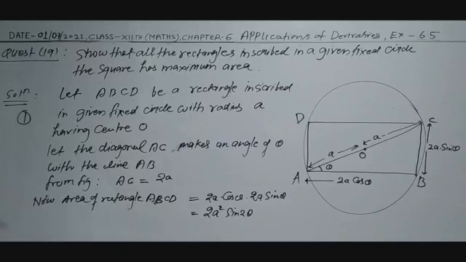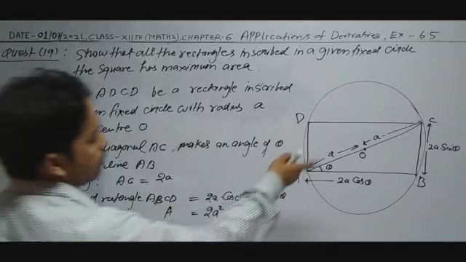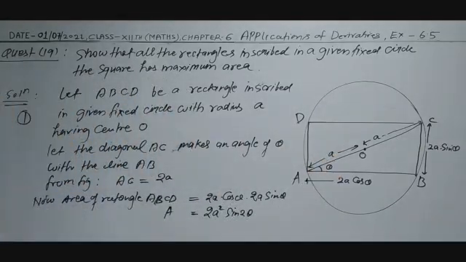So now we have to differentiate the area of the rectangle. Suppose A is the area, and we have to calculate dA upon d theta, because theta is varying. When the rectangle changes into a square, theta will vary.